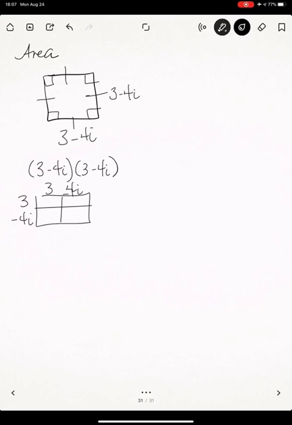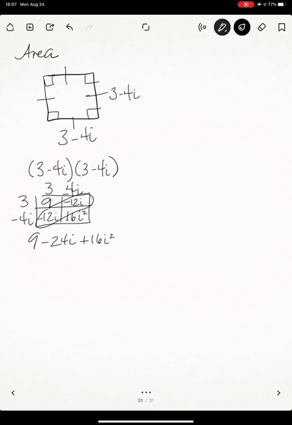All right, so 3 times 3 is 9. 3 times negative 4i is negative 12i. 3 times negative 4i, again, is negative 12i. And then negative 4i times negative 4i is positive 16i squared. Put our like terms together again and that gives us 9 minus 24i plus 16i squared.